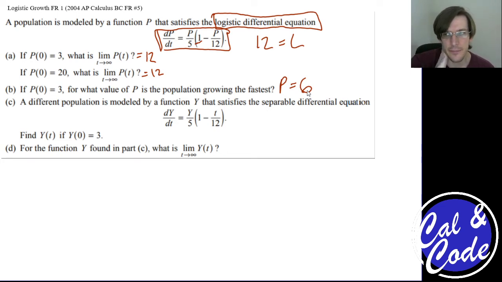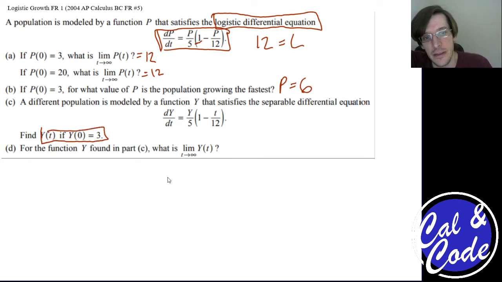Now they switch gears on us and give us a different population modeled by a separable differential equation. Notice that we didn't actually have to do any integration or work with the actual logistic differential equation. I think for the most part they realize that's going to take people a long time. So instead we are given a separable differential equation to work with, and they want us to find y of t if y naught is equal to 3.